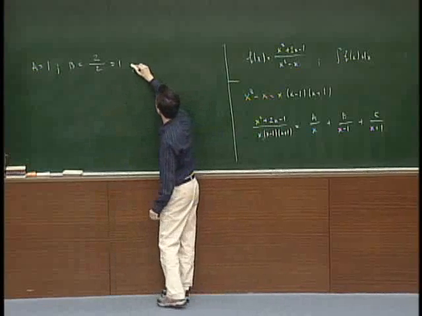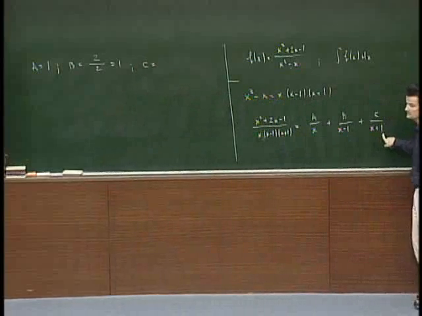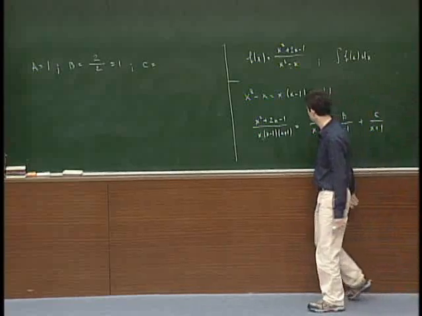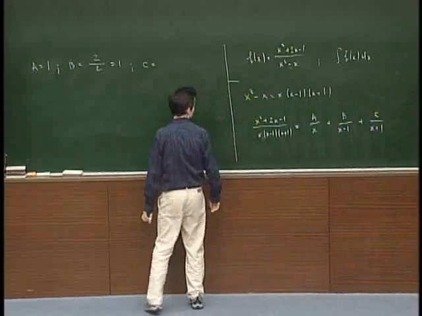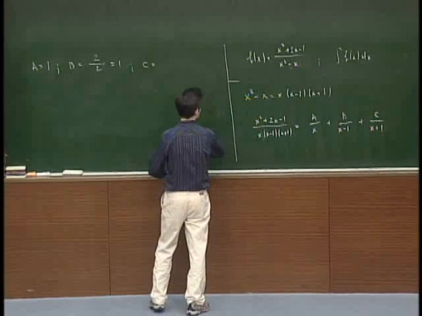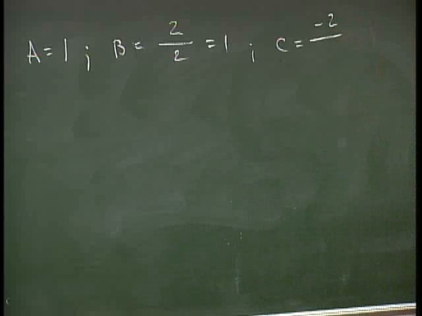and then you have the c left. So for c, it's the same. You multiply everything with x plus 1. You plug in x is equal to minus 1. So this guy disappears, this guy disappears. And you have 1 minus 2 minus 3 minus 2 over x plus 1 minus 1, 2.